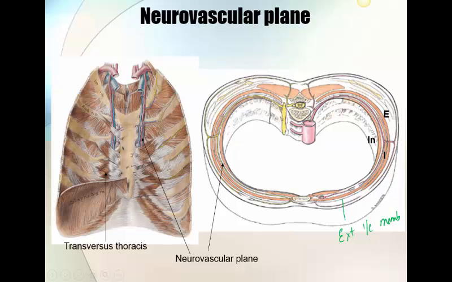The internal intercostal muscle, because this is membranous here, so you want to strengthen it, begins from the lateral margin of the sternum, travels all the way back, the I stands for internal intercostal, and goes posteriorly, and there it is replaced by membrane, which you can see here. So this is the internal intercostal membrane, strengthened by muscle posterior to it.